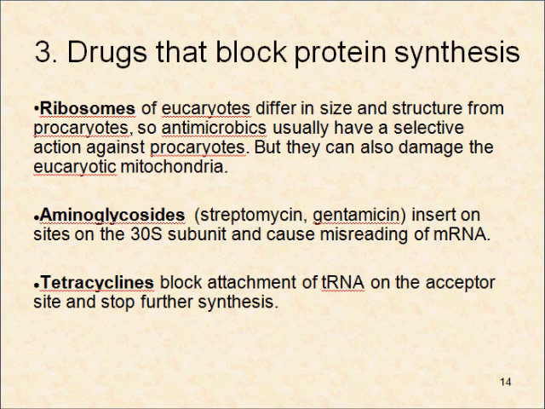Tetracyclines block attachment of transfer RNA onto the acceptor site of the ribosomal RNA and stop any further synthesis. So, a couple of different activities. Now, I don't care if you know the exact method of activity here, but I would want you to know that tetracyclines and aminoglycosides are associated with blocking protein synthesis.